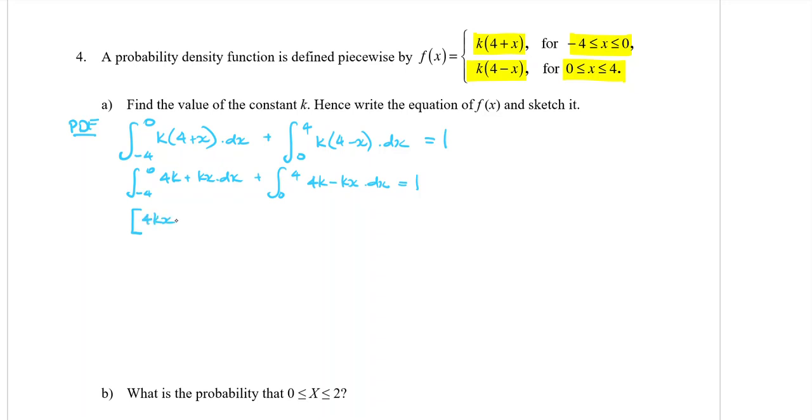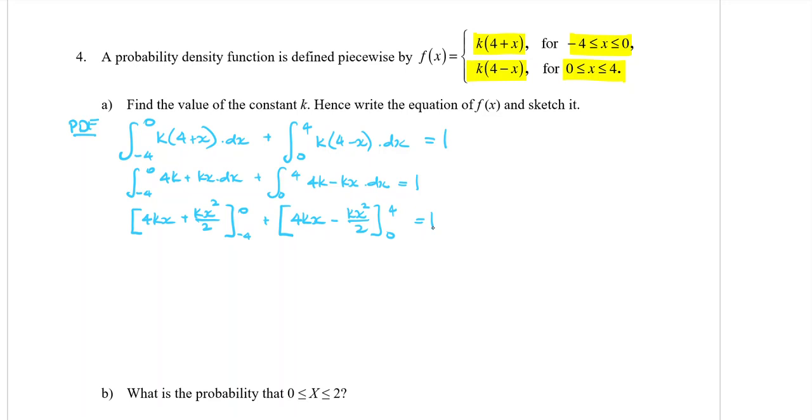It gets an x added because it was a constant. The kx already has 1x, so I add 1 to the power and divide by the power: kx squared over 2, between -4 and 0. Plus, do the second one: 4kx, so it gains an x because it was a constant, minus kx squared over 2. That's between 0 and 4 and will be equal to 1.